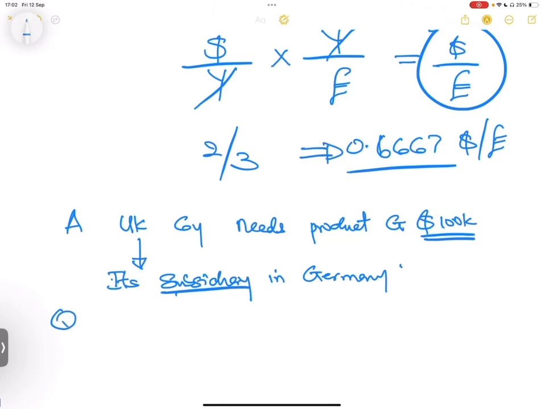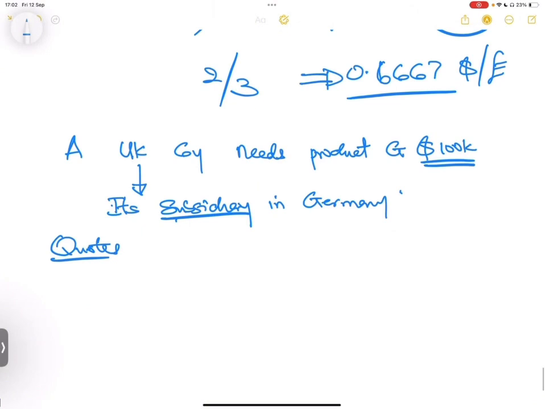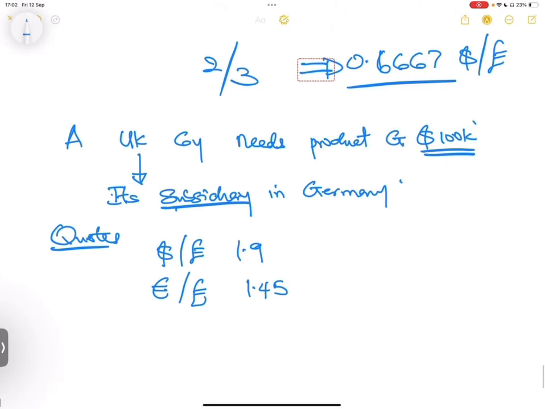I'm going to give you the quotes that you have available. So you have dollar per pound 1.9. Then you have euro per pound 1.45. The product is $100,000. Subsidiary in Germany, and NPV will be determined in euro.